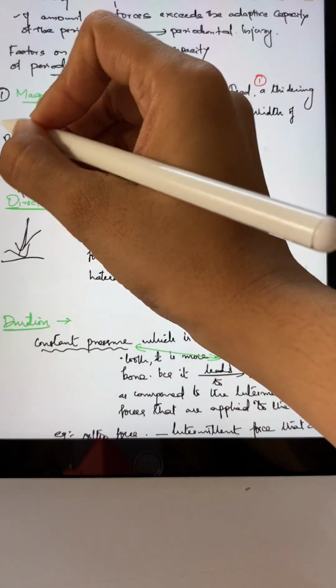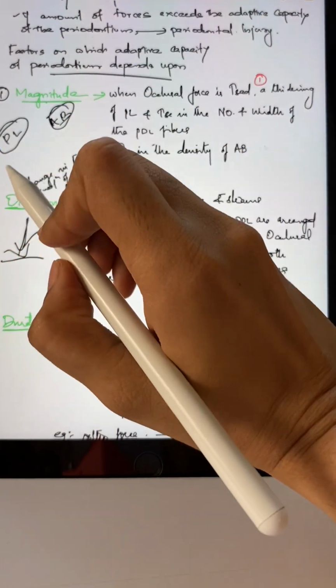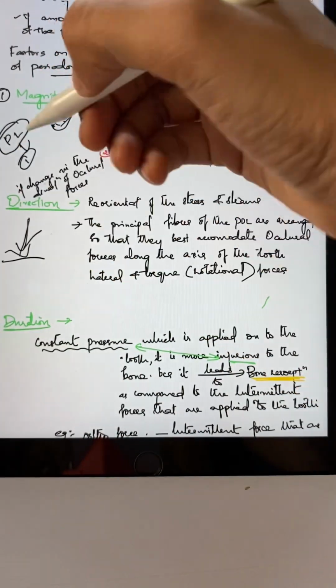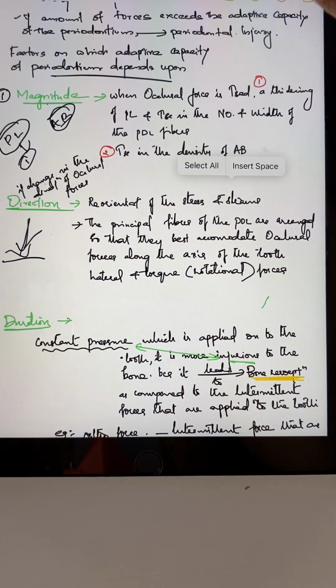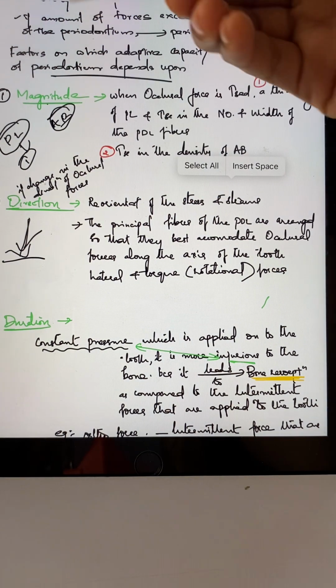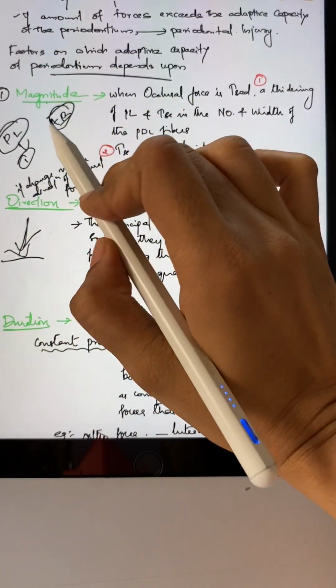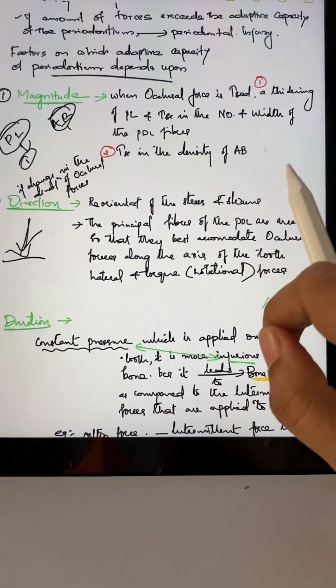These are the two classic changes that occur when an excessive force is applied onto the tooth surface. In the periodontal ligament, we first see thickening of the periodontal ligament space and also an increase in the width of the periodontal ligament fibers. And in the alveolar bone, we see an increase in the density of the alveolar bone.